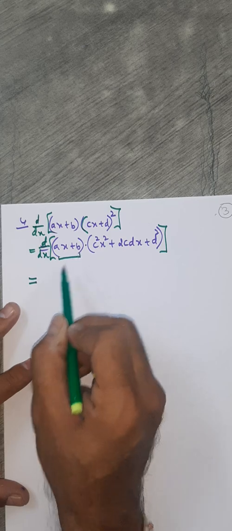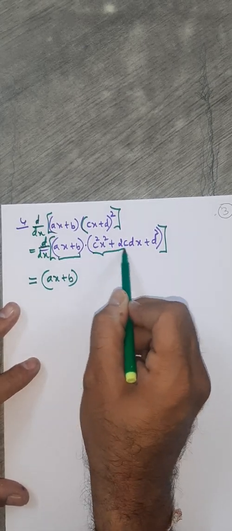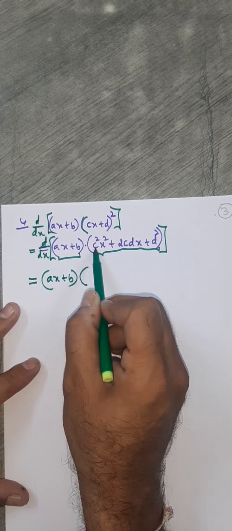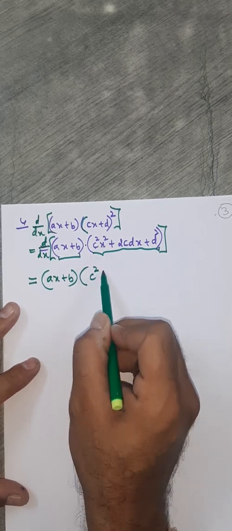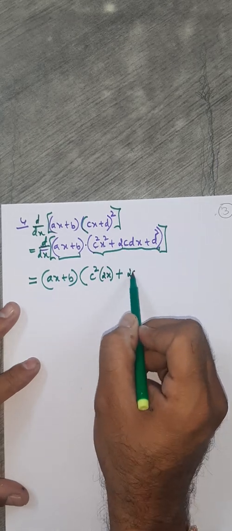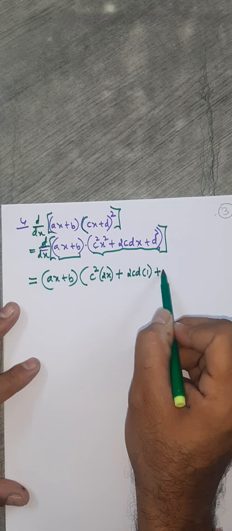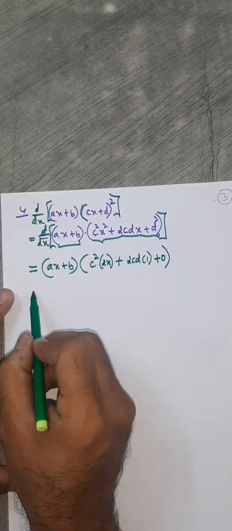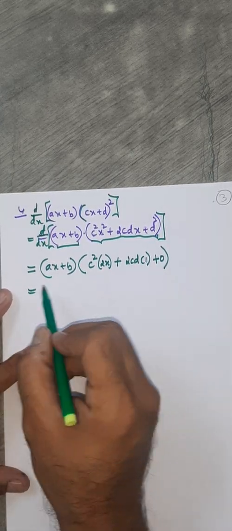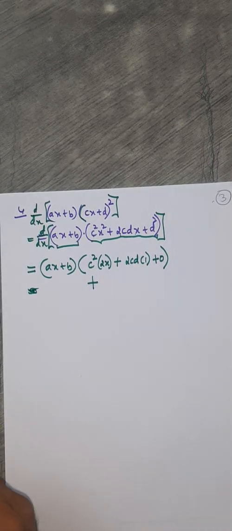Product rule: this one as it is, ax plus b as it is. Differentiation of this one: c squared as it is, derivative of x squared is 2x. 2cd as it is, differentiation of x with respect to x is 1, and d squared being constant is 0. So this is 1, I'm sorry, plus still the other part is left. What is the other part?